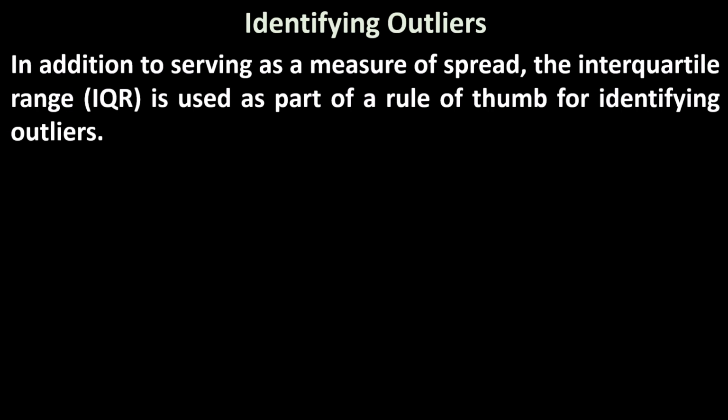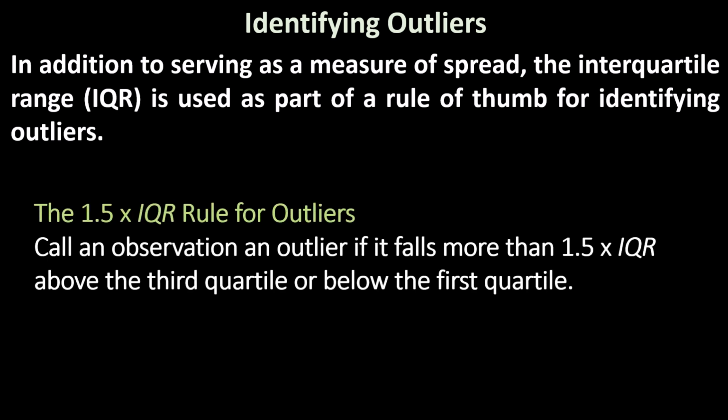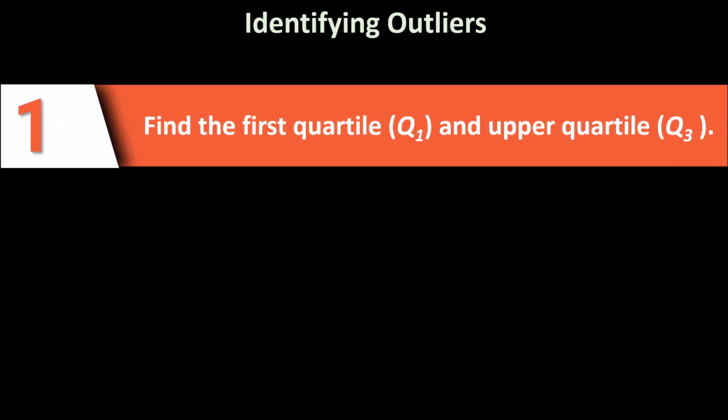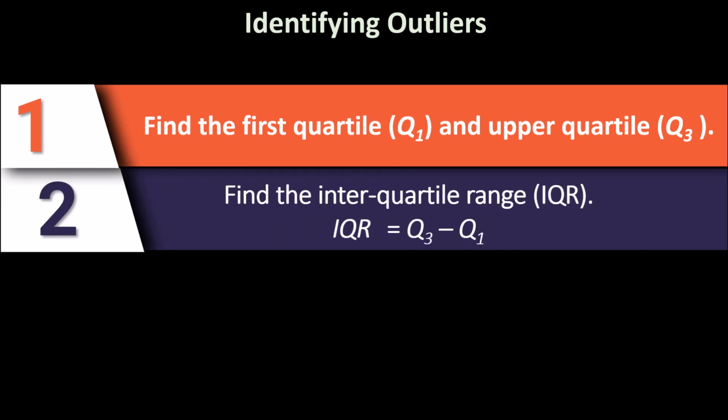Now outliers. How do we calculate the outliers? We use the 1.5 times IQR rule to find the outliers. There are 4 steps. Step 1, find the Q1 and Q3. Then step 2, find the IQR.